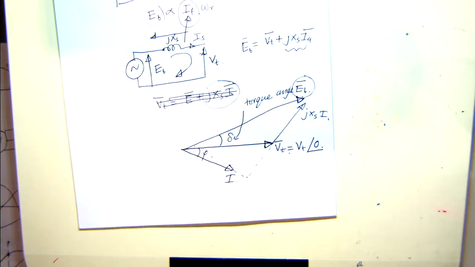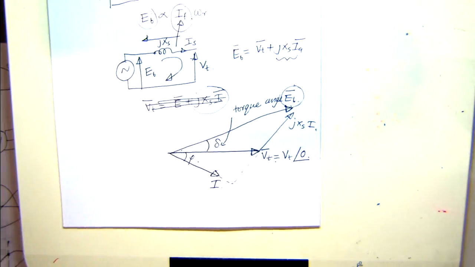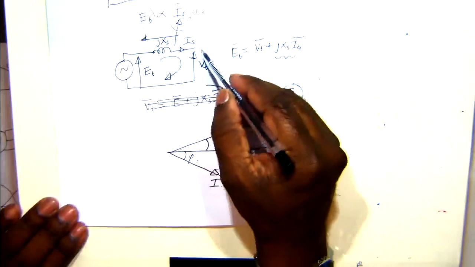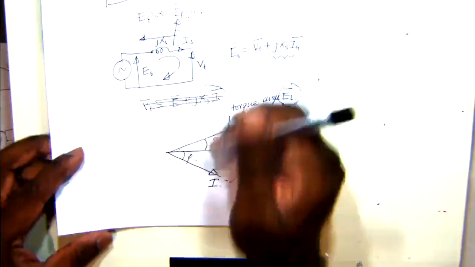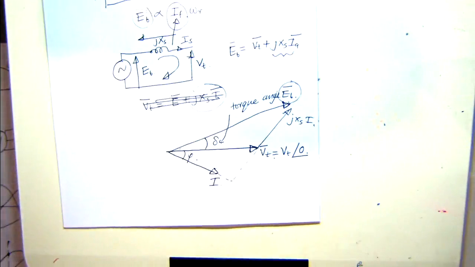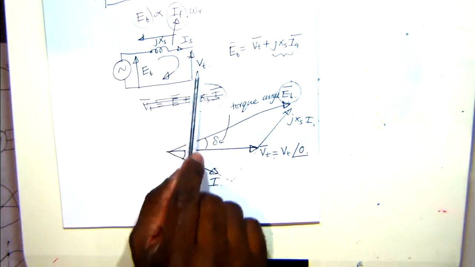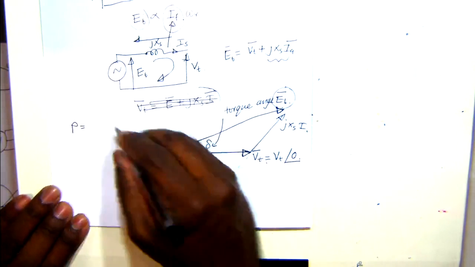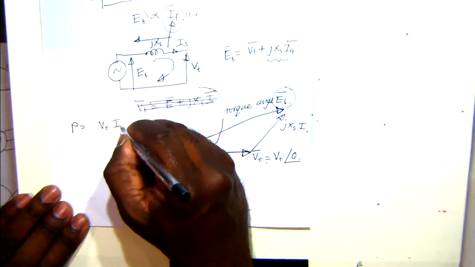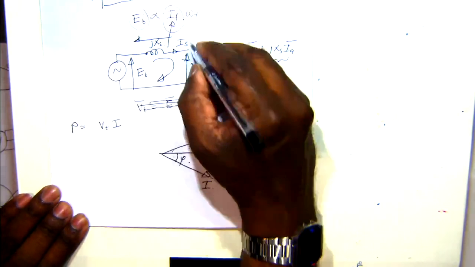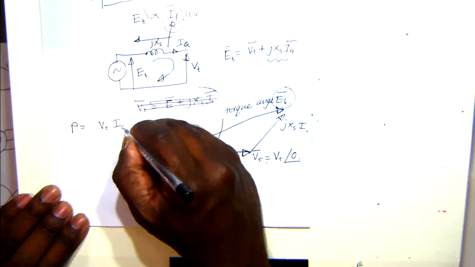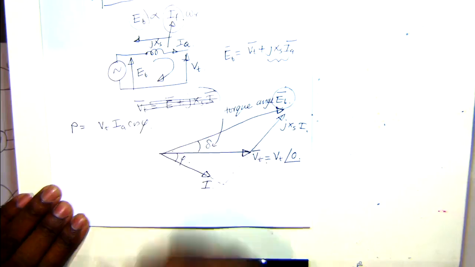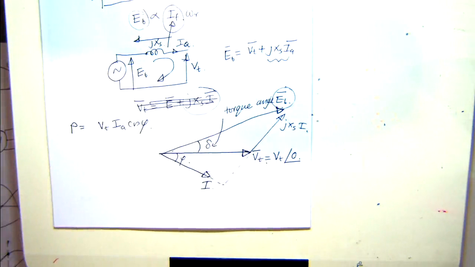We like to write everything in terms of real power and reactive power. The real power transmitted to the grid, with per phase voltage, is P equals Vt Ia cos phi, the real power transferred per phase.